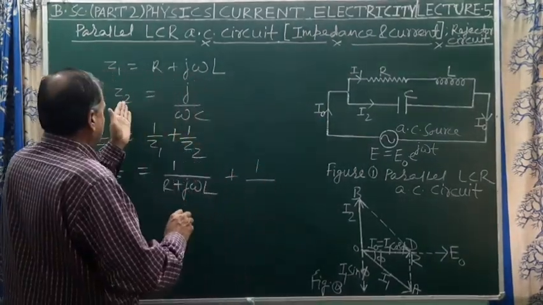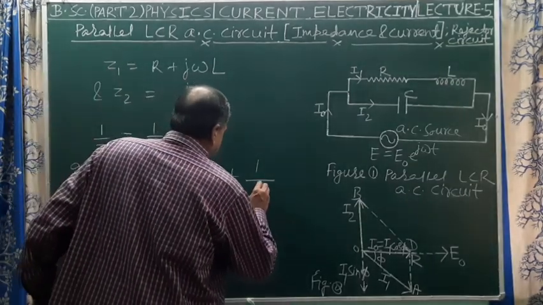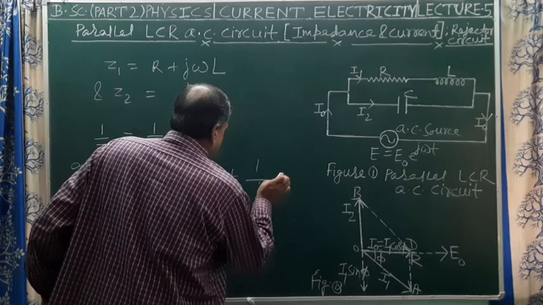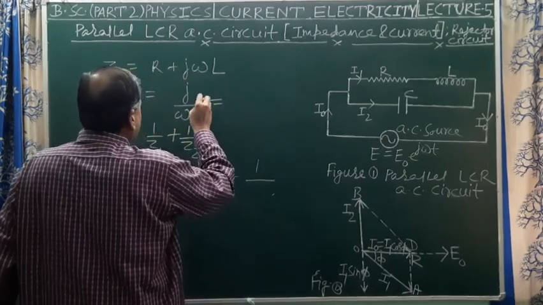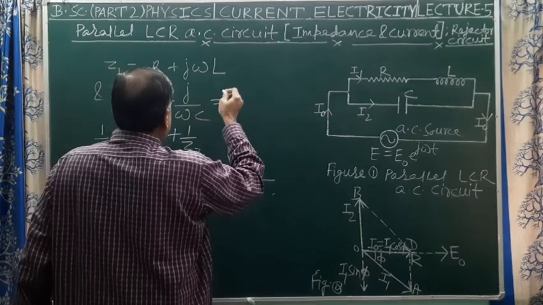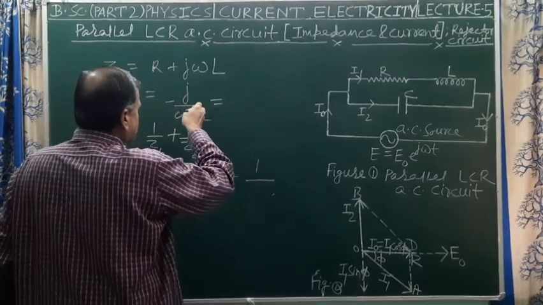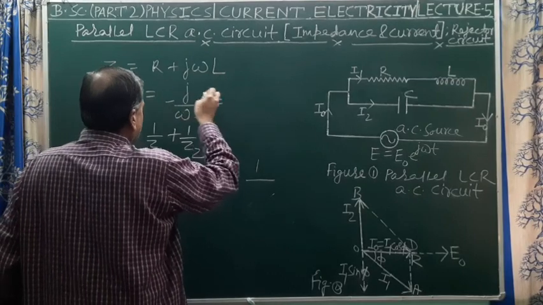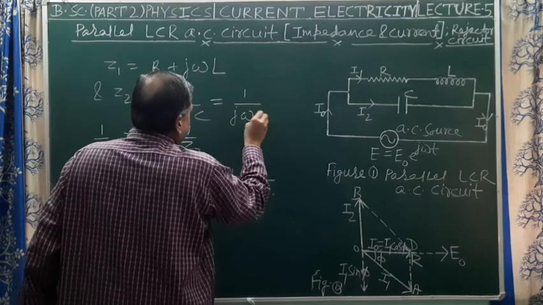Z2 is 1 upon j omega C, so 1 by Z2 is j omega C, multiplying numerator and denominator by j squared, which is minus 1.